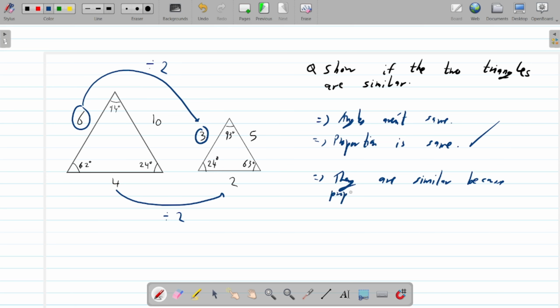Proportion is same. Let's give them an example. For example, let's say this was A and this was B. This is, let's say, C. This is D. We're gonna say AB is equal to 2 times CD.